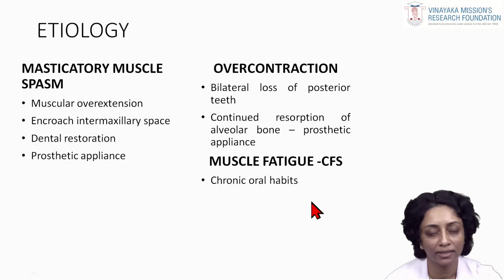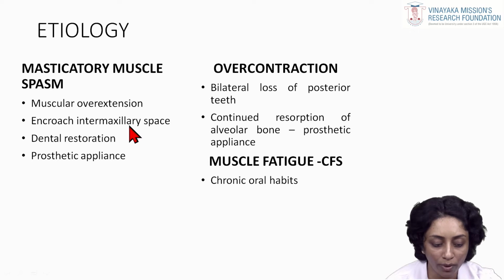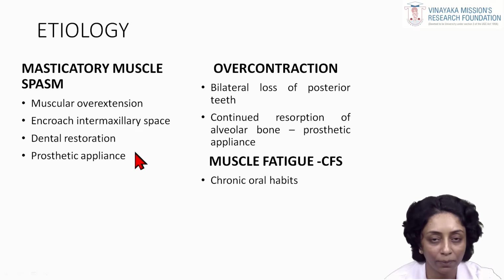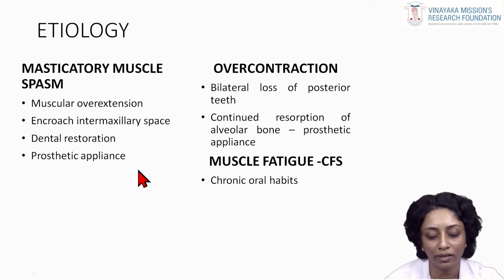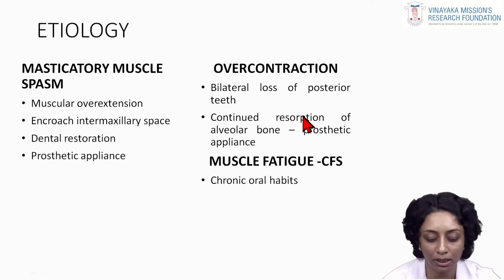The etiology, as I discussed before, can be due to masticatory muscle spasm, that is, the muscle becomes overextended because of encroachment of the intermaxillary space, or it can be due to dental restoration or prosthetic appliances. Over contraction is usually seen on the bilateral side in the posterior teeth. That may be due to continued resorption.